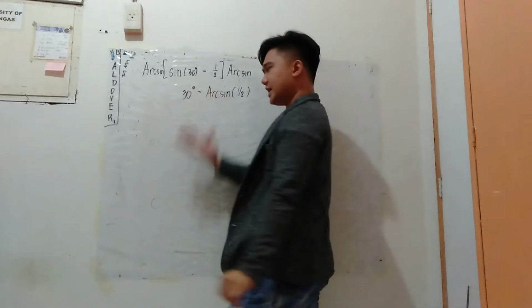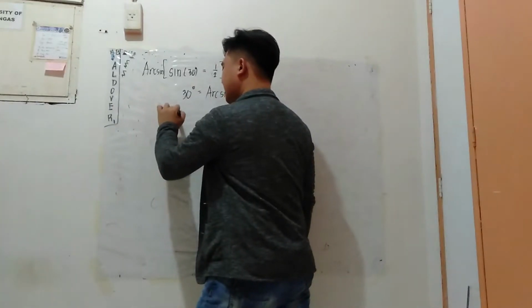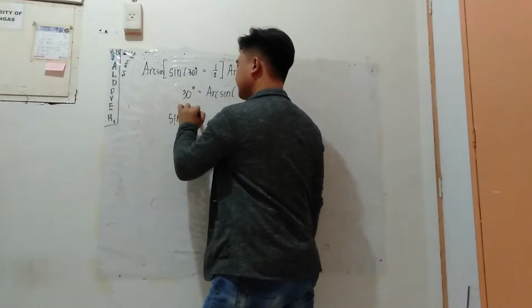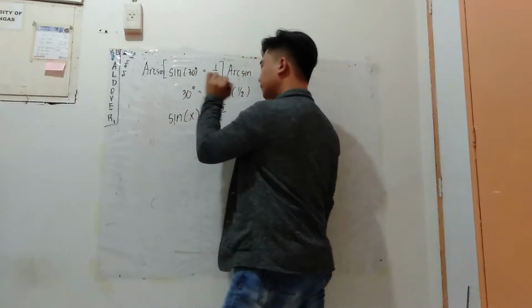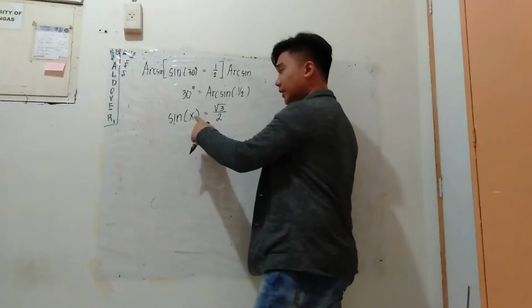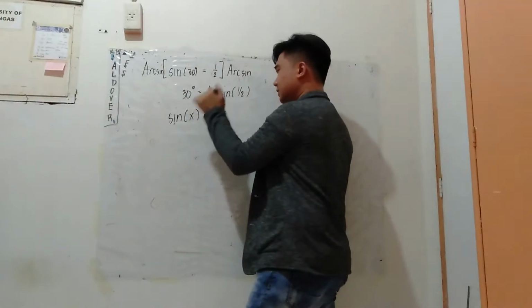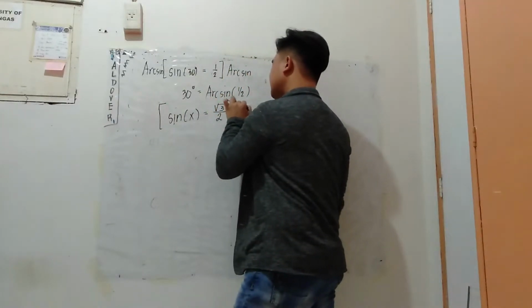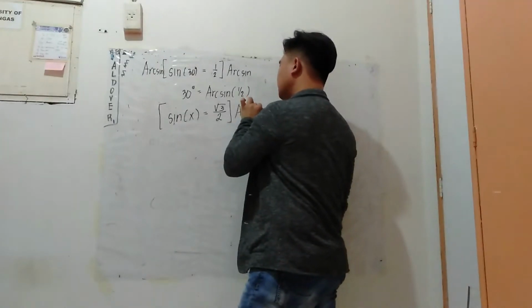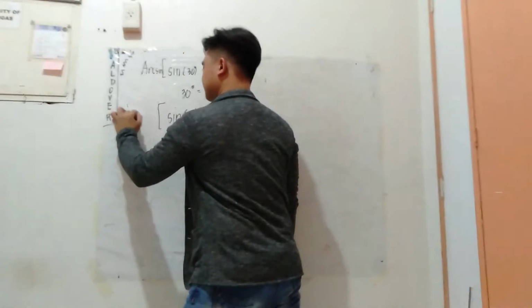Okay? So for example, I have sine of x equals to square root of 3 over 2. So paano mo mahahanap yung angle mo or yung x mo? Ang gagawin mo, i-arc sine mo both sides.